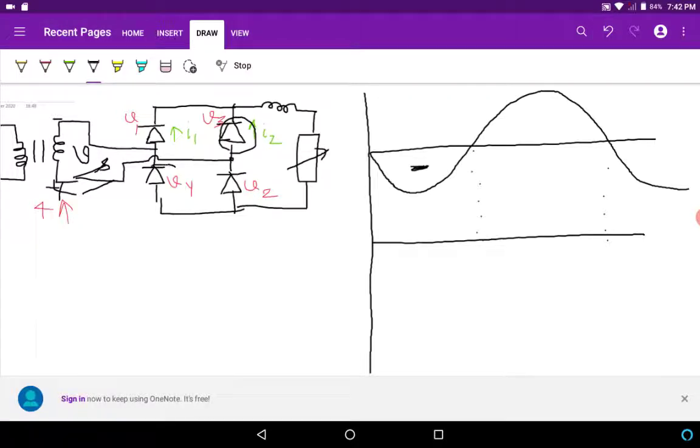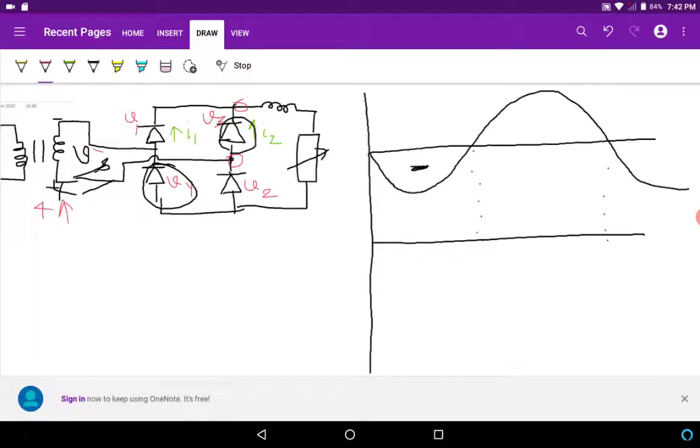So V3 and V4 will conduct when the upper plate is minus and the lower plate is plus. If you carefully see, this point becomes plus and this point becomes minus, so this is forward bias. From here the current will go through the load and it will get the return path through V4, and then back here.